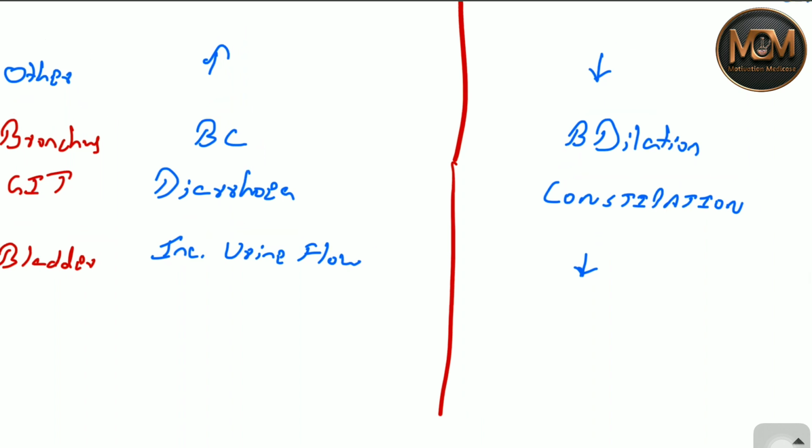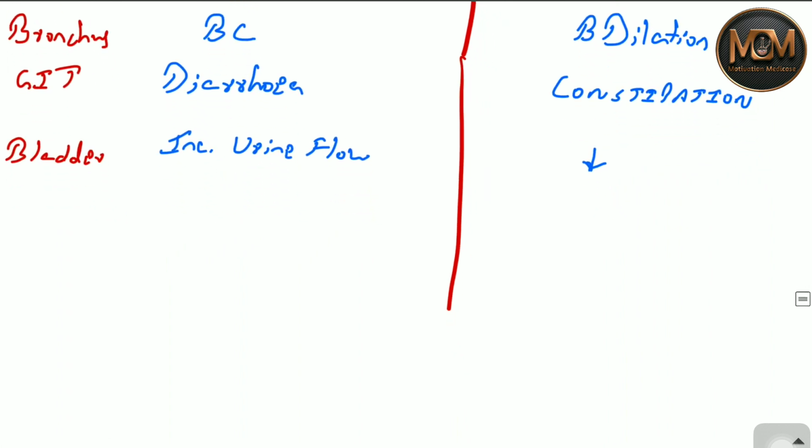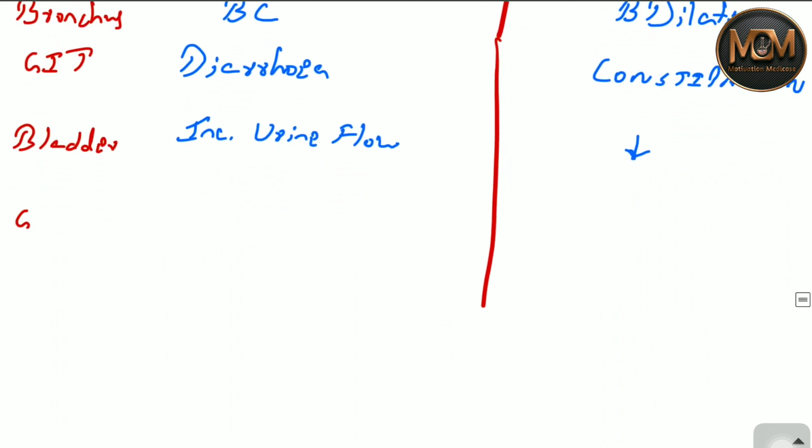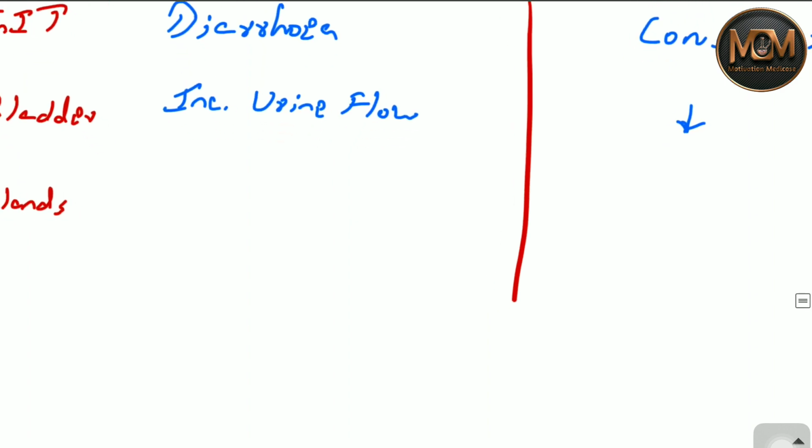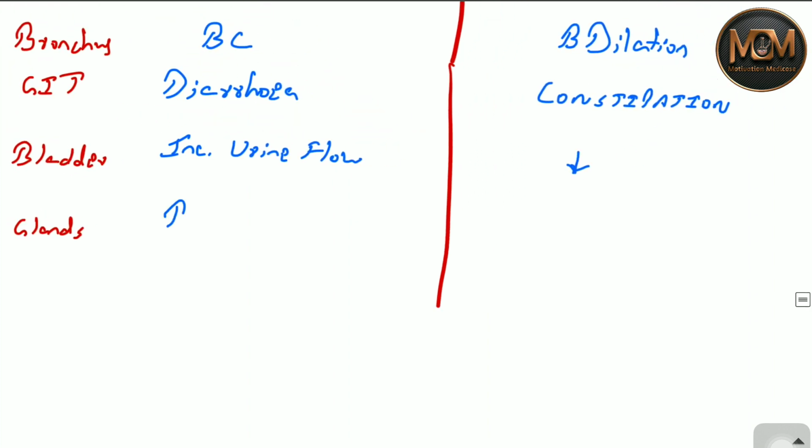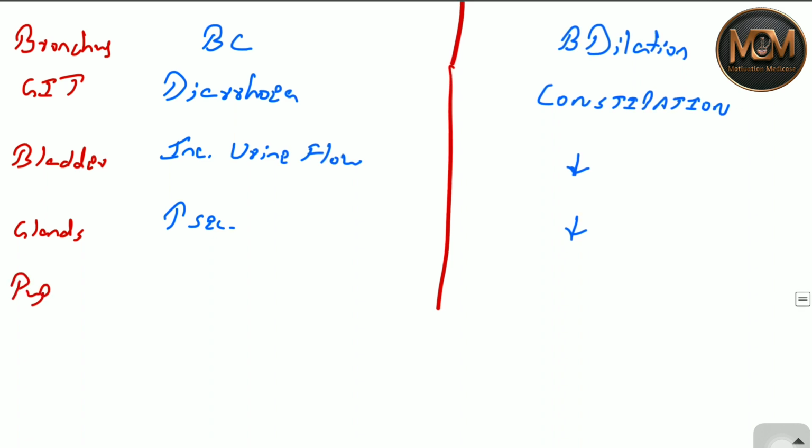The next thing we need to study is the glands. You just have to follow that rule, everything is going to increase. So from the parasympathetic, it will increase the secretion, while in the sympathetic it will decrease. And the last one is the pupil. In the pupil there will be constriction in the parasympathetic system.